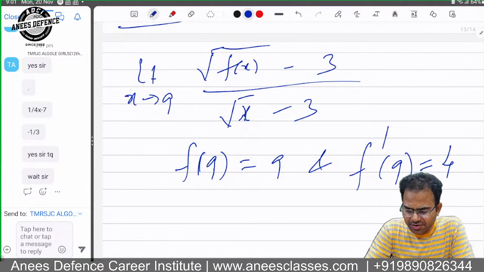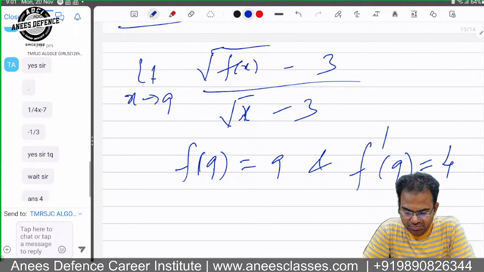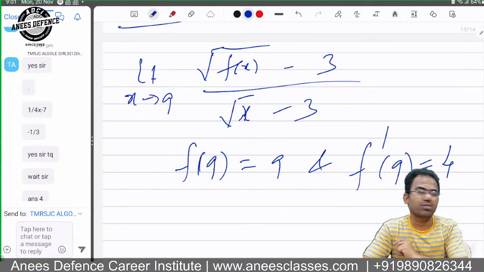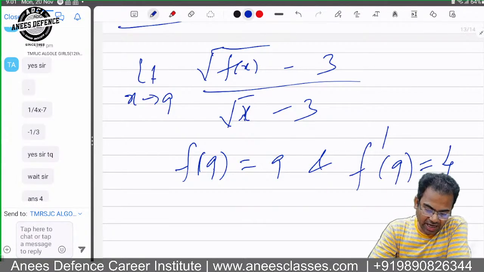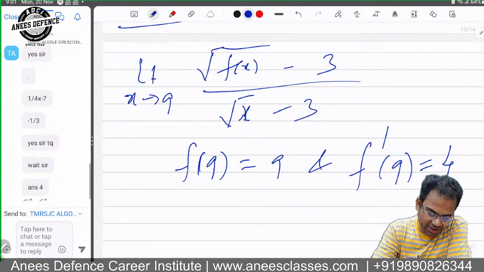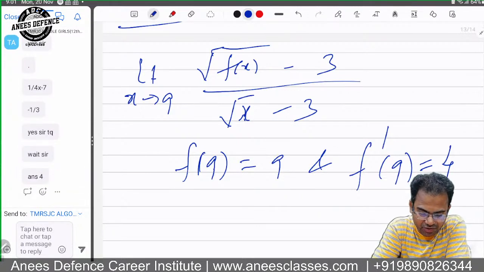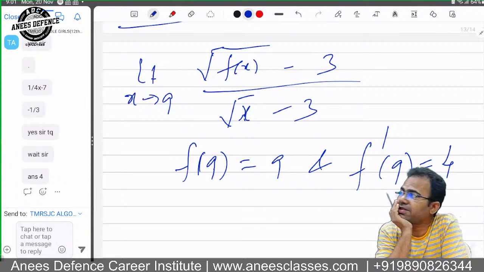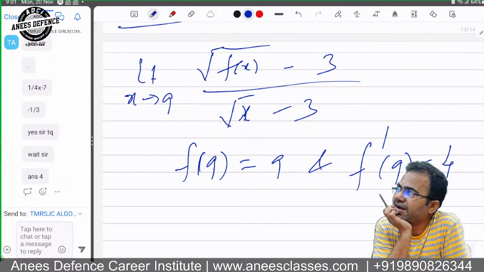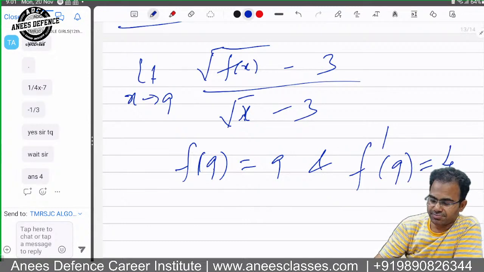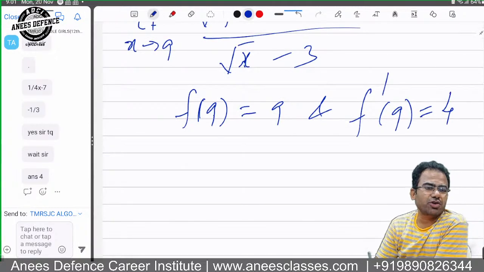Should I start the solution? Yeah, the answer is 4. One student agrees with another student. So I think this is the correct answer. Why not solve it?